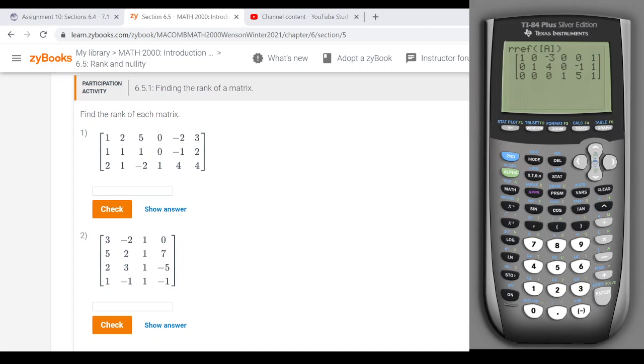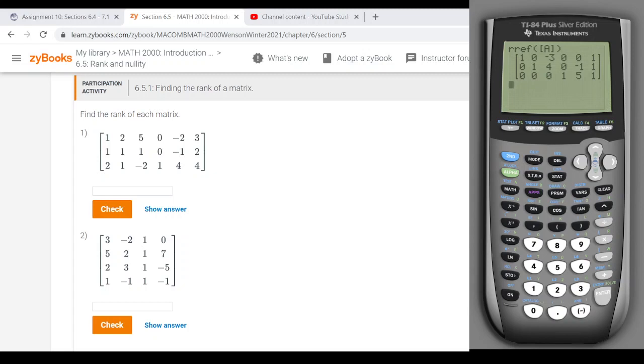Okay, so my calculator should have just popped up on your screen, and I've put this 3 by 6 matrix into reduced row echelon form, and we're seeing these leading ones. The first column, the second column, and the fourth column have these pivot entries.